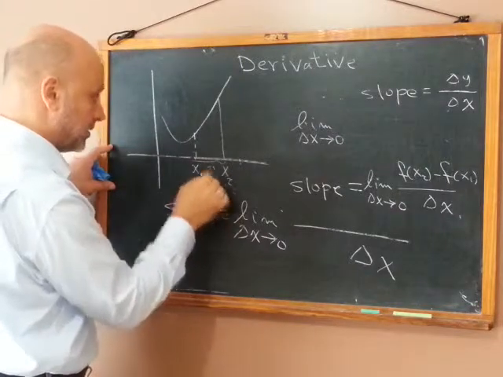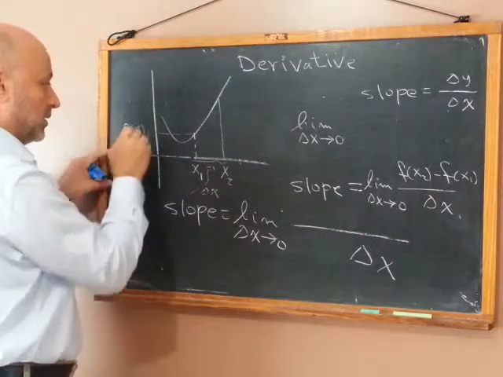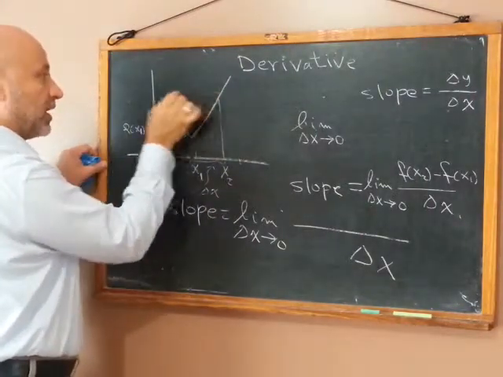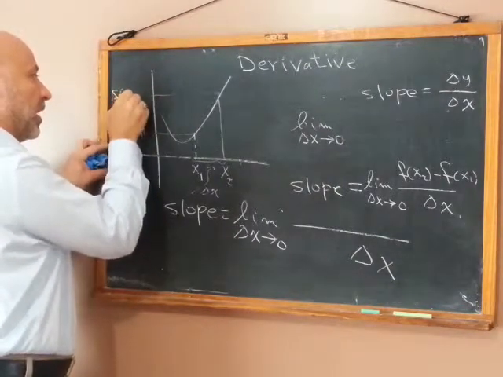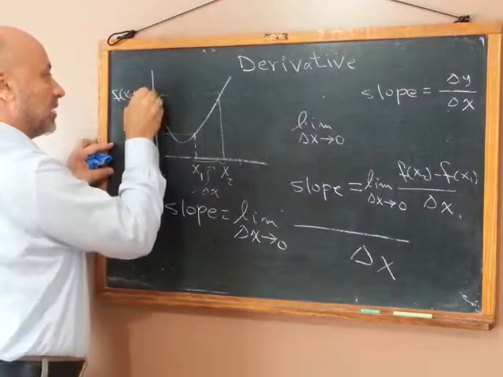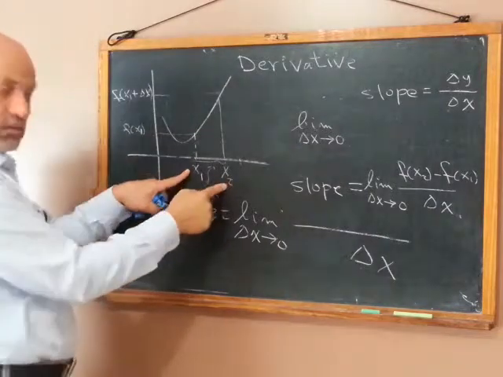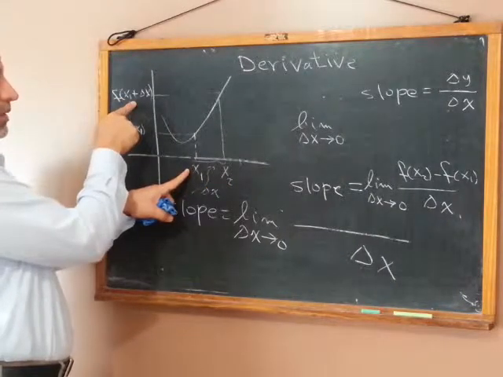That's delta x. This is f of x1, right? And this is f of x2, but it can be written as f of x1 plus delta x, because x1 plus delta x will give me x2. So I'd like to write it in this way.